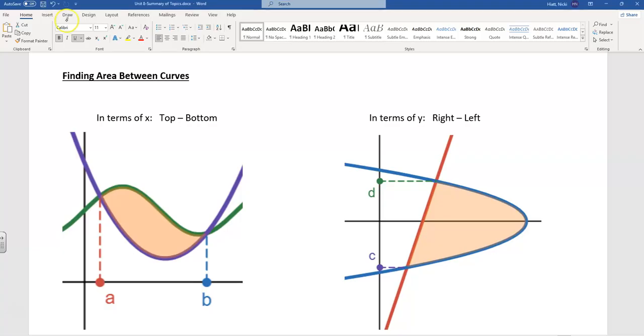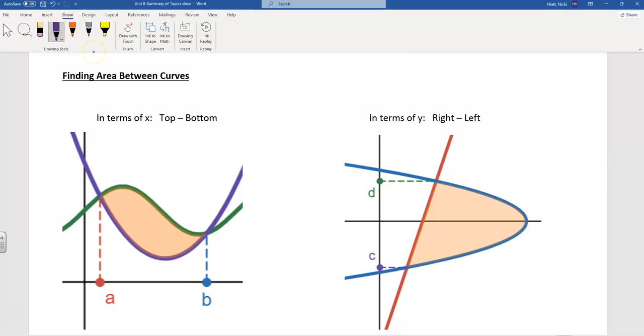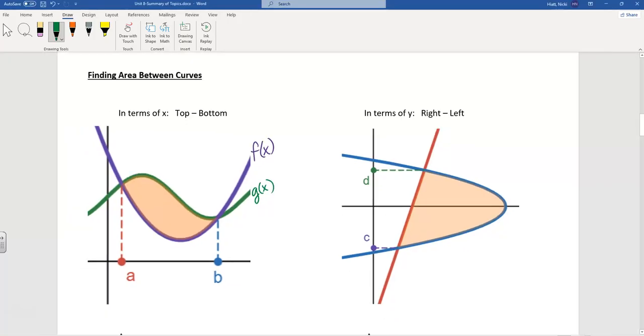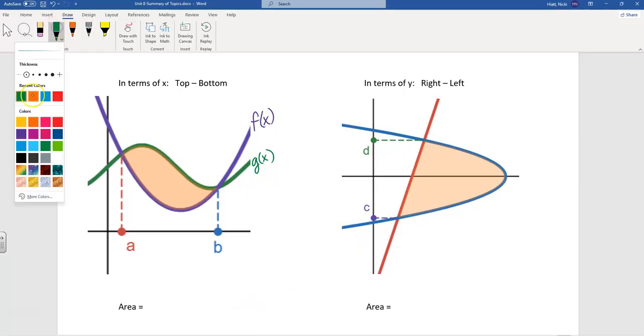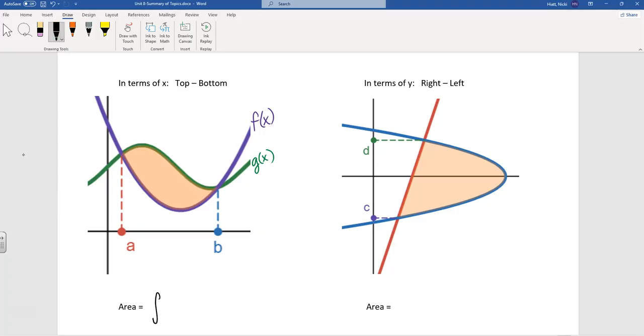So we have here, I'm going to call this purple graph f of x. And I'm going to call this green graph g of x. So if you are finding area between curves, you are simply going to do the integral from a to b, where your limits come from the x-axis, of the top function.